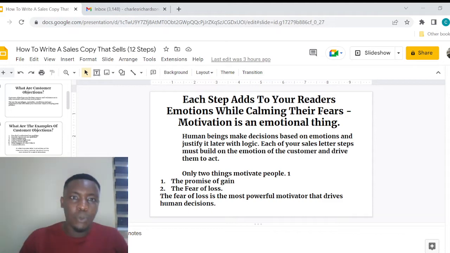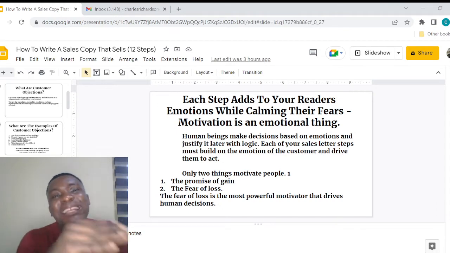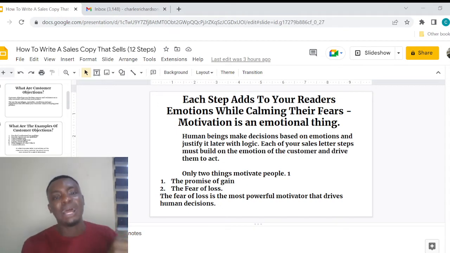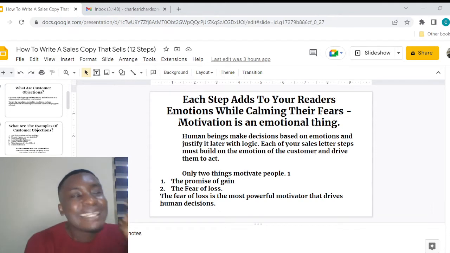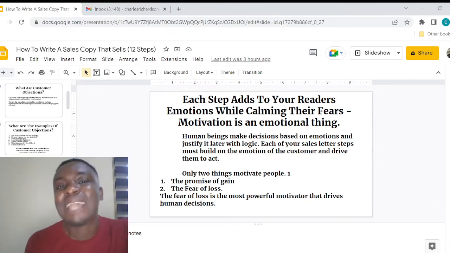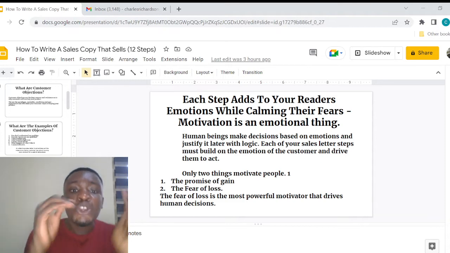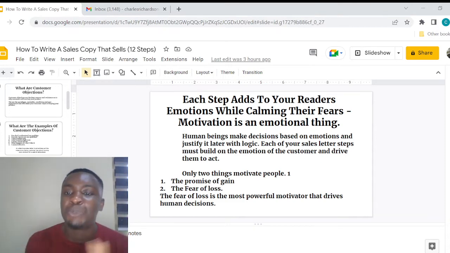That is how selling works. Selling is all about seeing the problem that makes the customer emotional and then crafting an emotional letter that appeals to your reader, that motivates them to buy from you. Human beings make decisions based on emotions and justify it with logic.